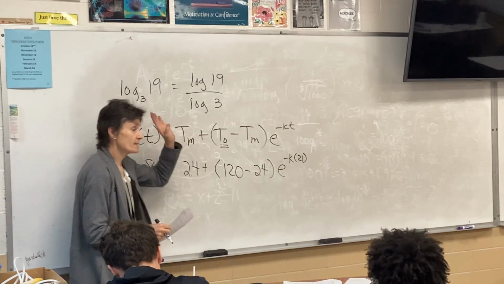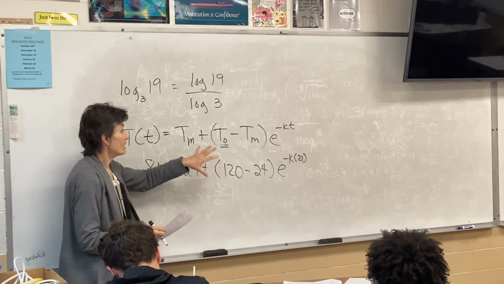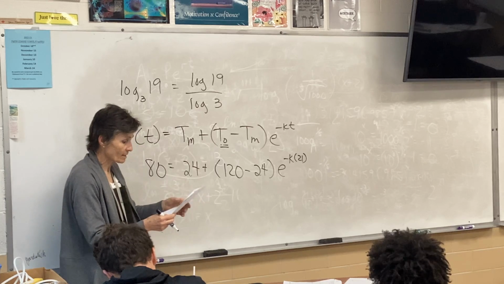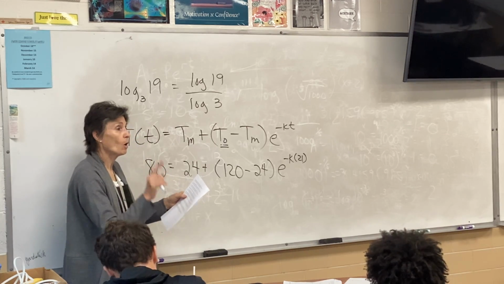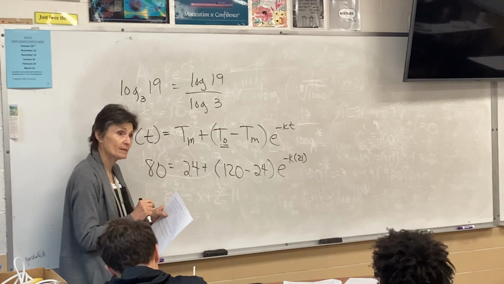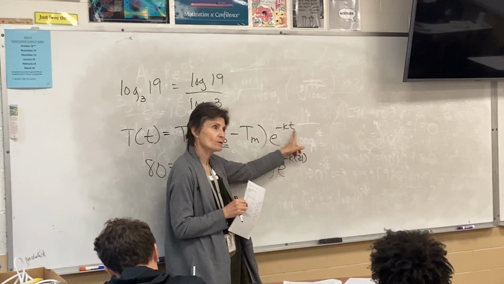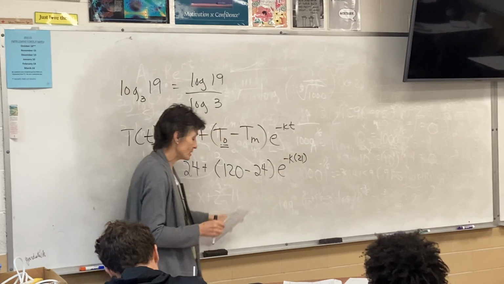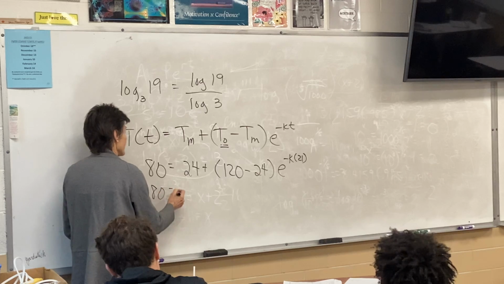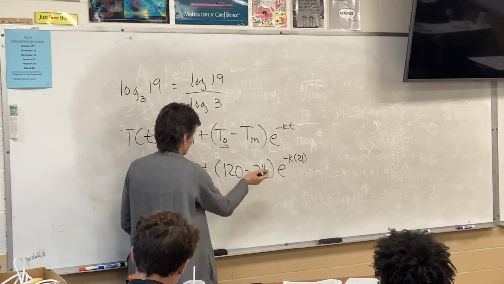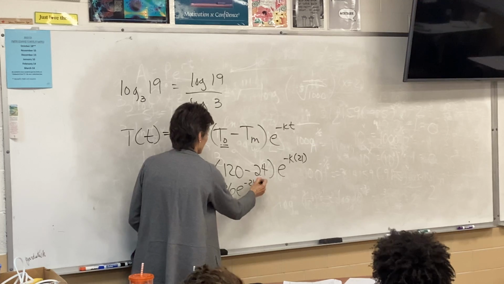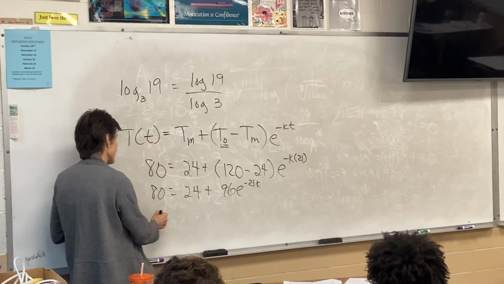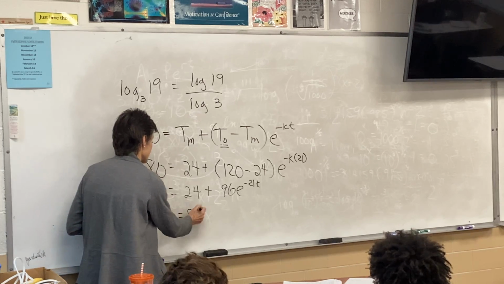Now, this is like the half-life problem. This isn't going to answer the question, because the question says, how long is it going to take the brownies to get to 30 degrees? So won't I ultimately be looking for a time? But in order to find it, I need my k. So I'm going to do this first. 80 equals 24 plus 96 e to the negative 21k. So how do I solve that? Subtract 24, so that's 56, is that right?